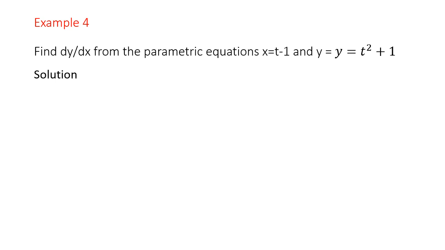Find dy over dx from parametric equations. x equals t minus 1 and y equals t squared plus 1. So your solution: dx over dt equals 1 and dy over dt equals 2t.